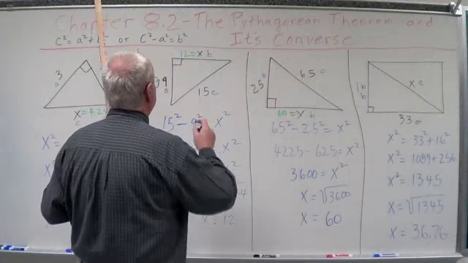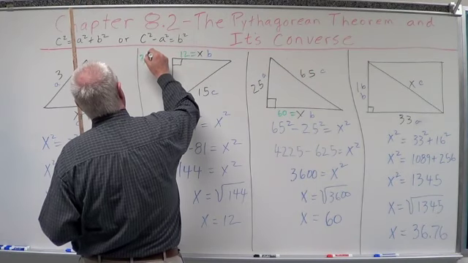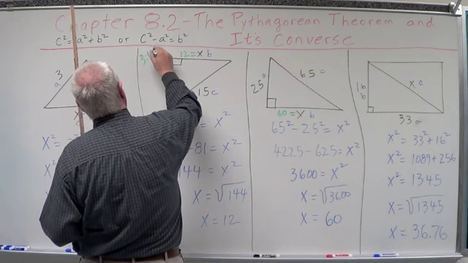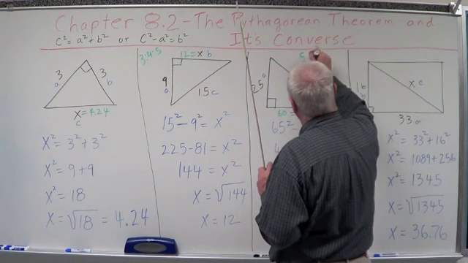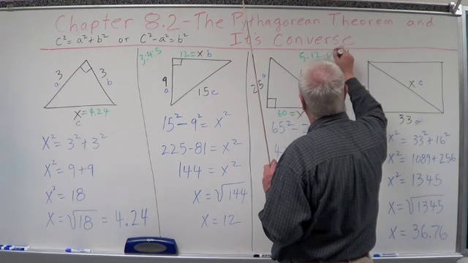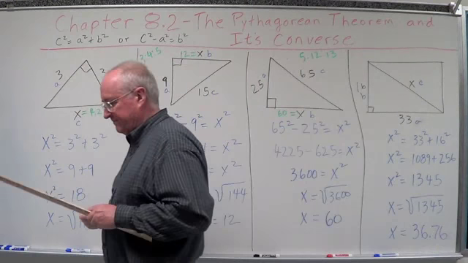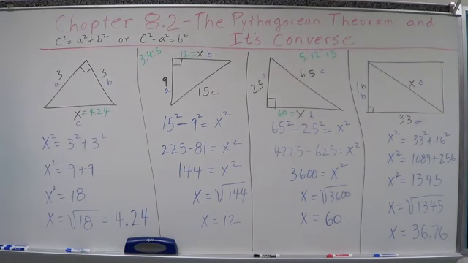Wow, this one here is a 3, 4, 5. This one over here happens to be a 5, 12, 13. Okay? Two of the most frequently used Pythagorean triples there are.